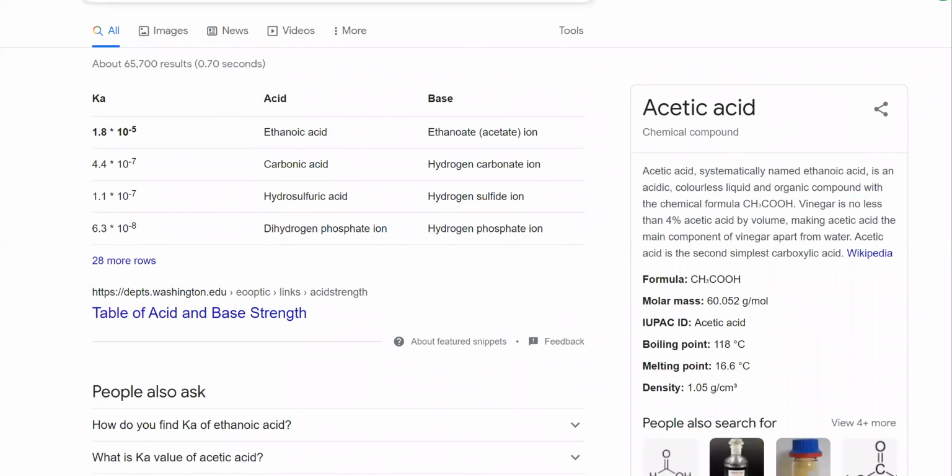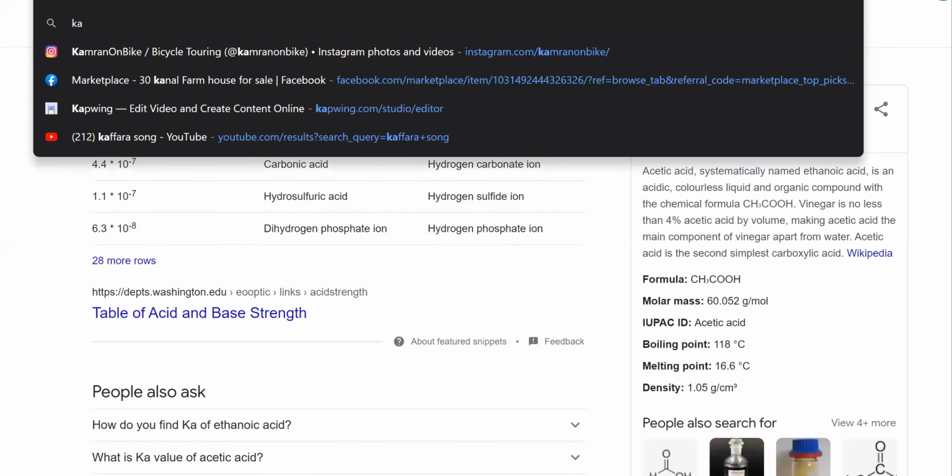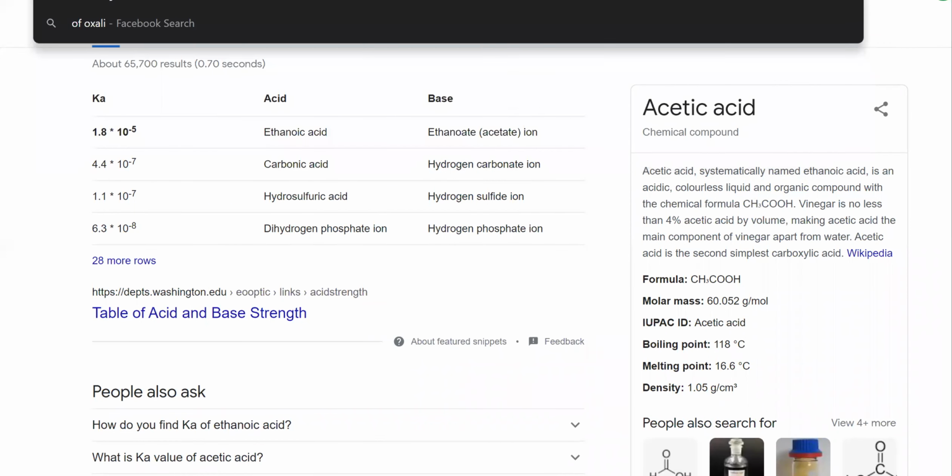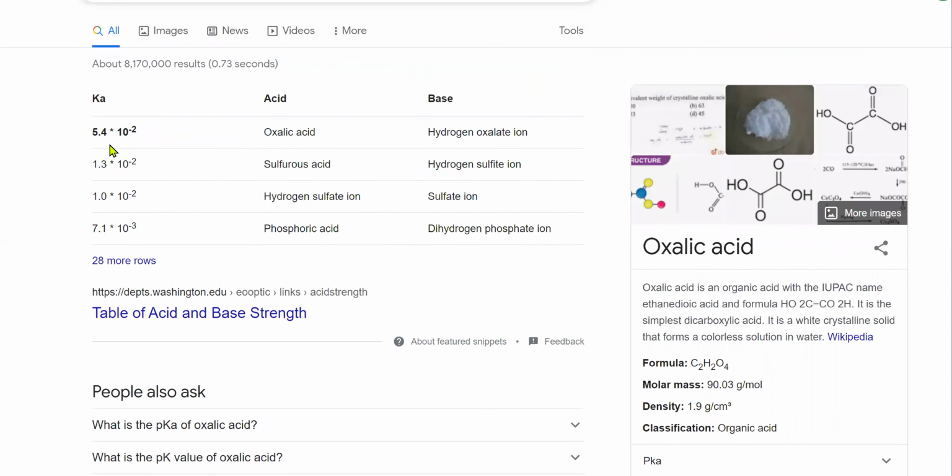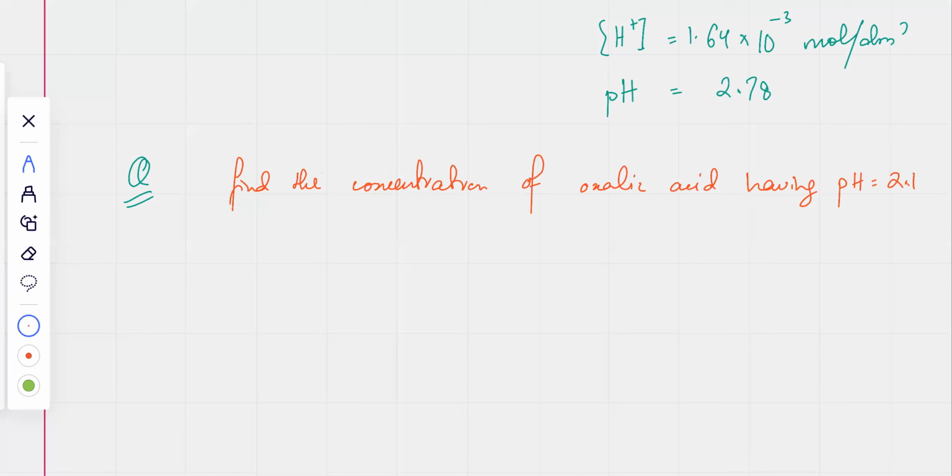So we can just Google it, K of oxalic acid. That is 5.4 times 10 to the power minus 2. So that value is given. The K value is known, which was 5.4 times 10 to the power minus 2. We just find the concentration of oxalic acid having pH 2.1.